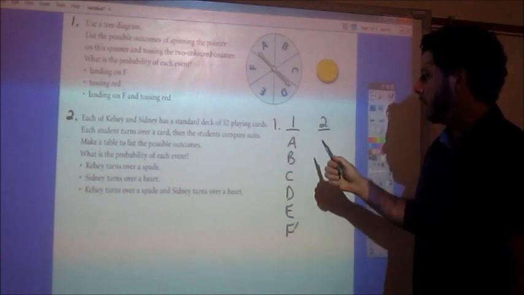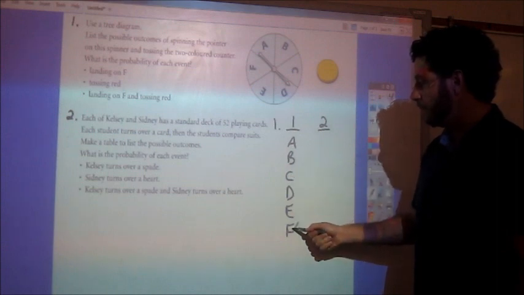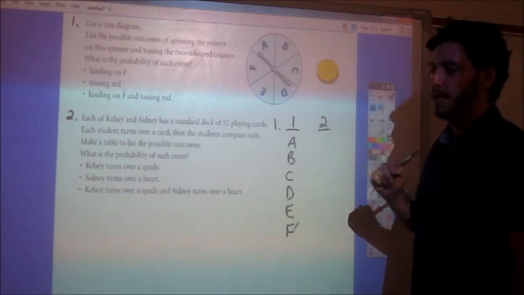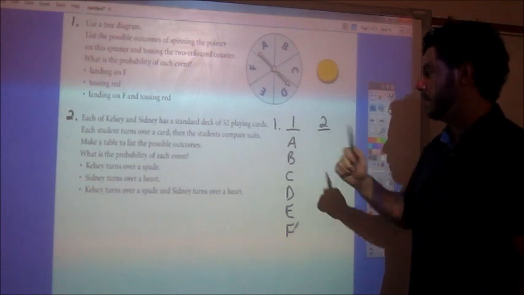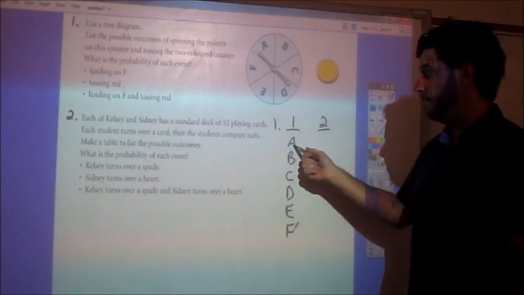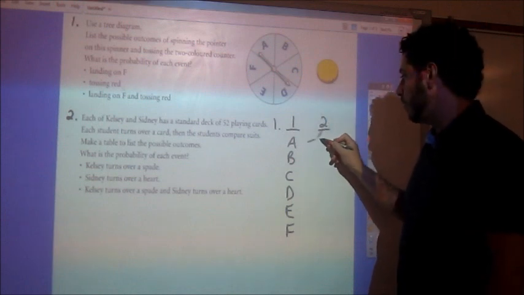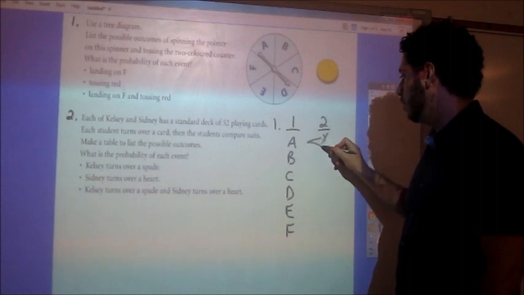And for each one of these possible outcomes, there are 2 possible second outcomes. So for example, if you spun this spinner and you got A, and then you tossed the counter, you're either going to get yellow or red.